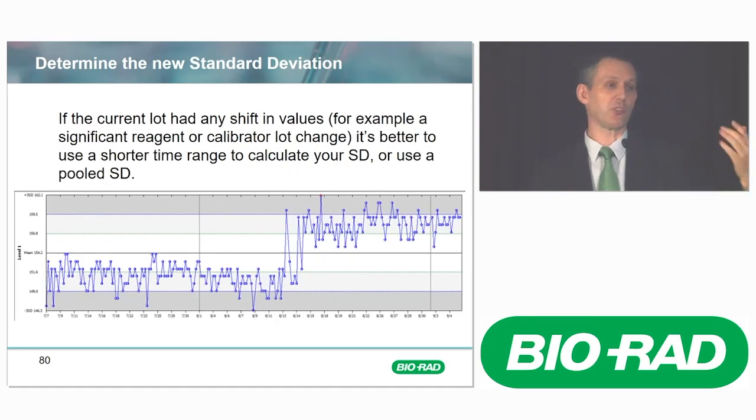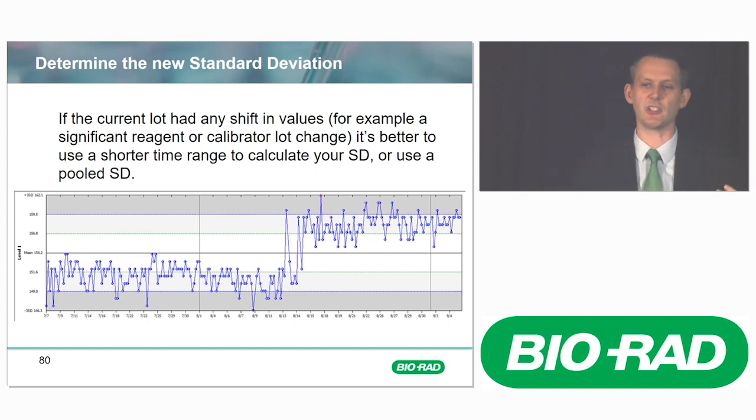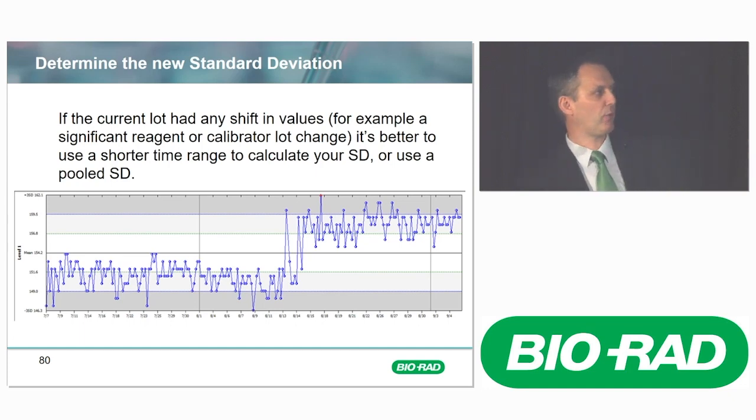Also, when I was talking about those variations like calibrator lots or reagent lots, they were all acceptable changes. If something happens with your system and there's actually a significant change, like an example here, maybe a reagent lot or a calibrator lot change, and there is a significant shift, you have to be careful that you don't use that shift and include it in your calculation of your standard deviation, because that might artificially increase that value.